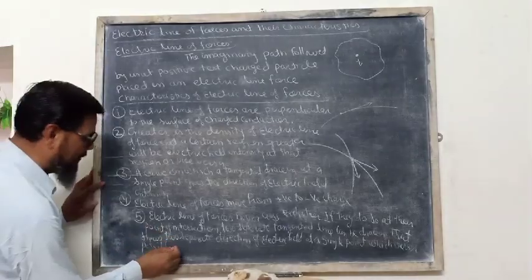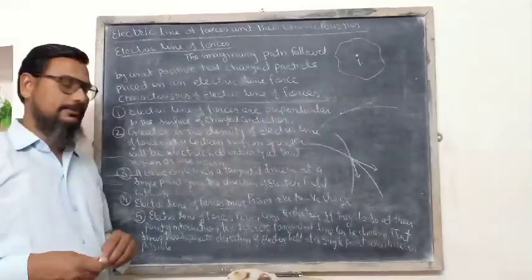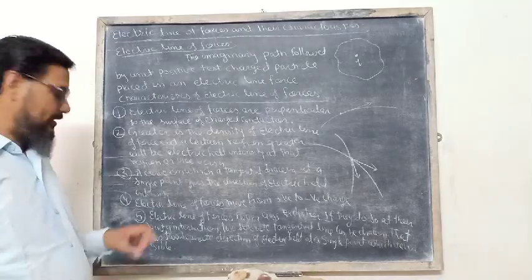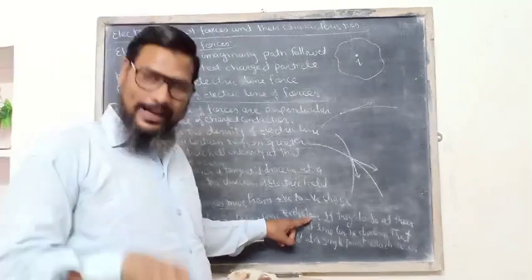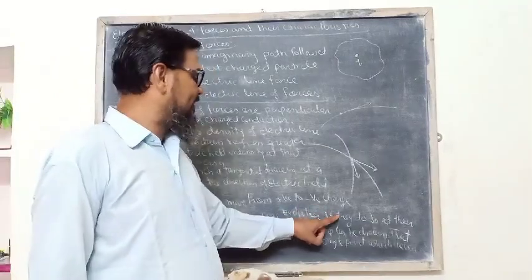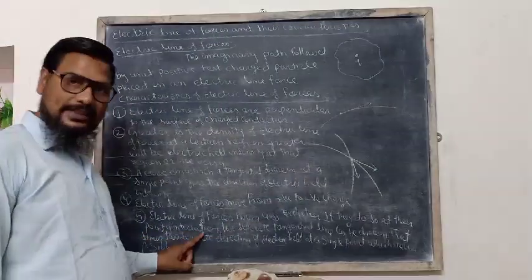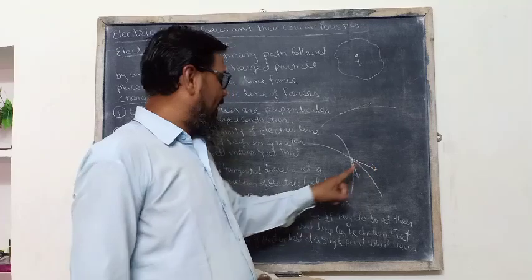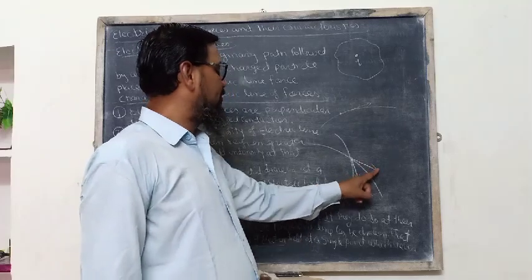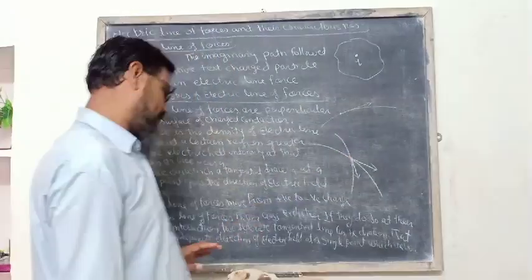This is also an important question in CBSE board, that electric lines of force never cross each other. Why? The answer is, if they do so, at their point of intersection two separate lines can be drawn, and that shows two separate directions of electric field at a single point, which is never possible.